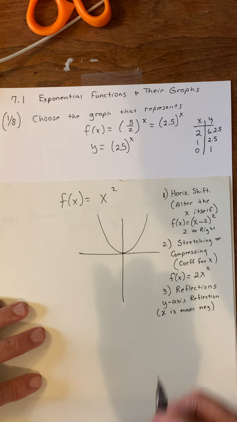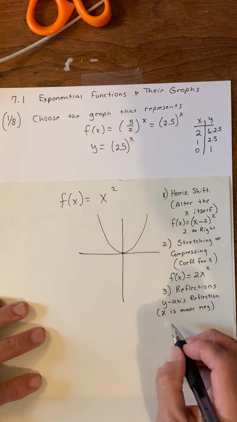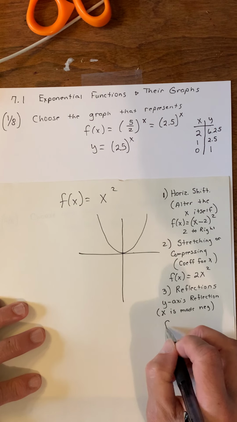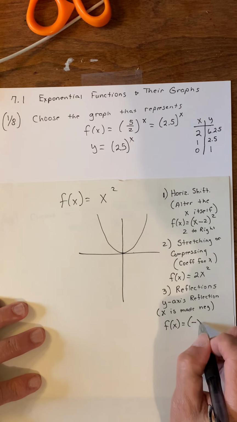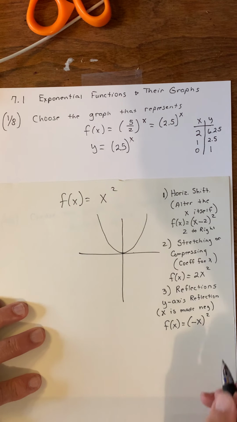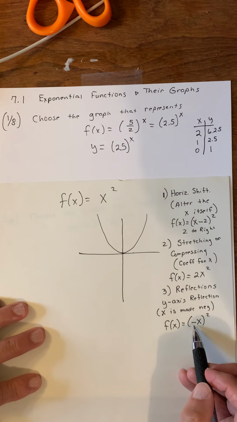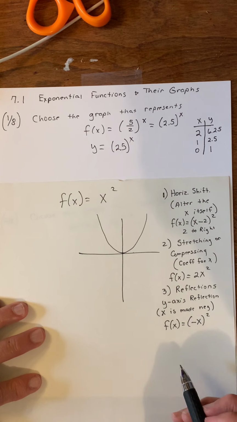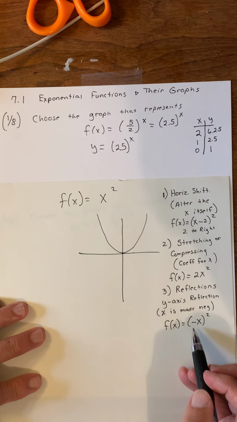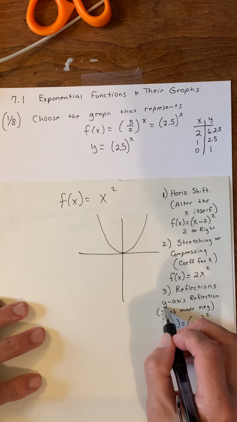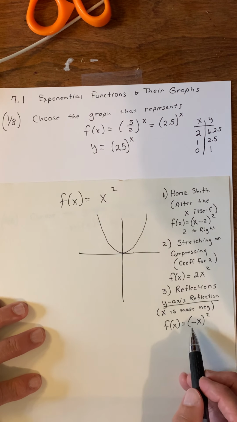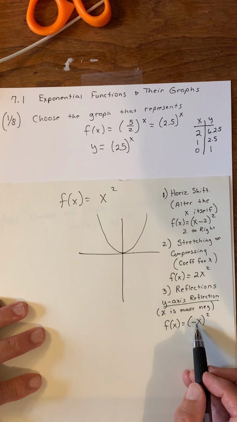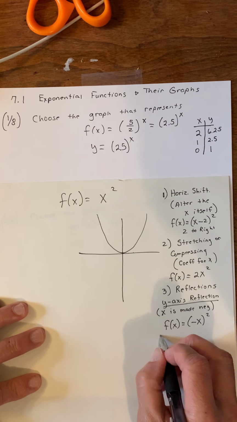So in this case, it would look something like this: f of x equals (negative x) squared. Now notice the x itself has been made negative. This is a very subtle difference, but for the y-axis reflection, the x itself, the thing being squared, is made negative.